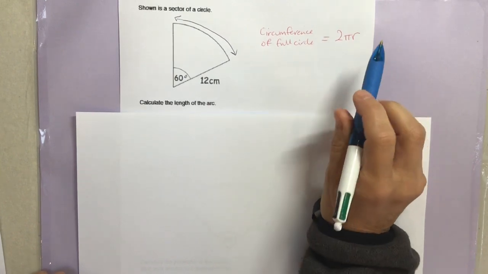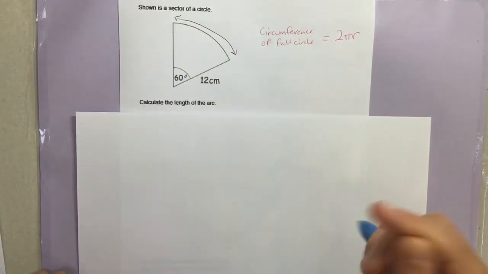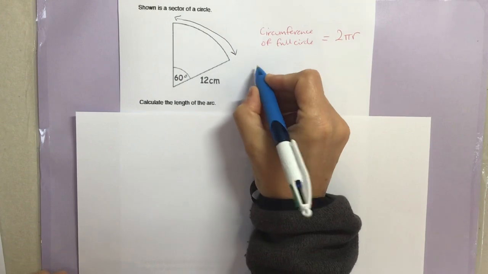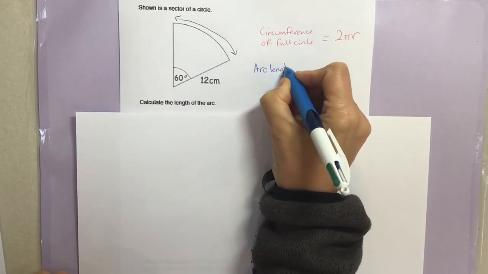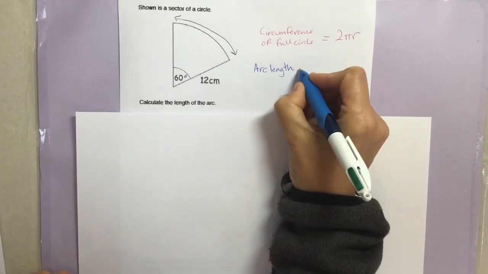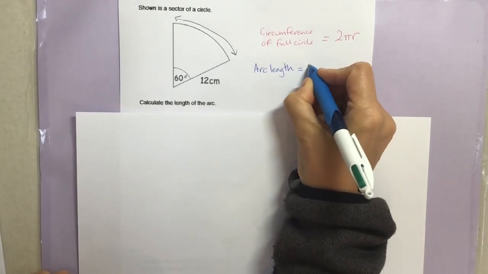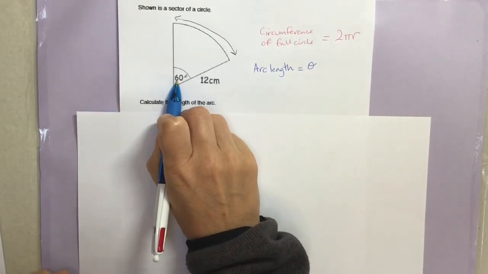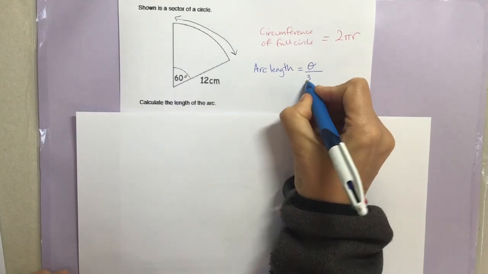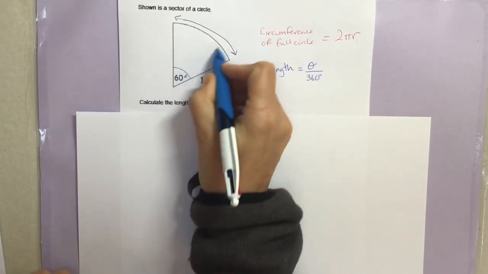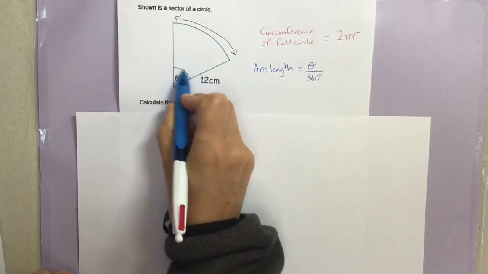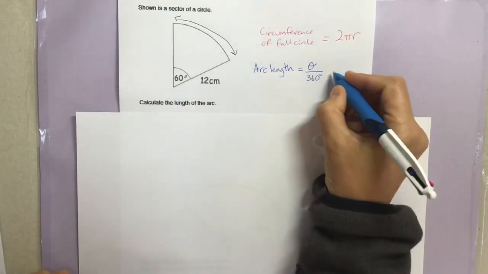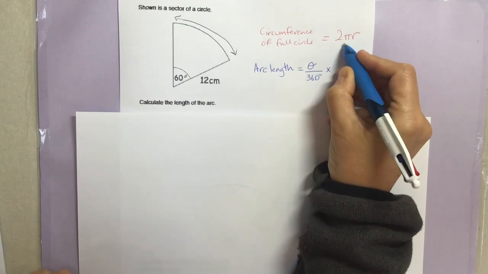And then the other formula we need to remember that we've done before, and this is really important, this formula we're going to use in all of the questions today, is this formula. And if you don't know this, you need to write this down and put a box around it. The arc length is the angle of the sector divided by 360 degrees, because that's what the full circle would be. So if we're just talking about the arc length, it's this fraction of the full circle times the full circumference.